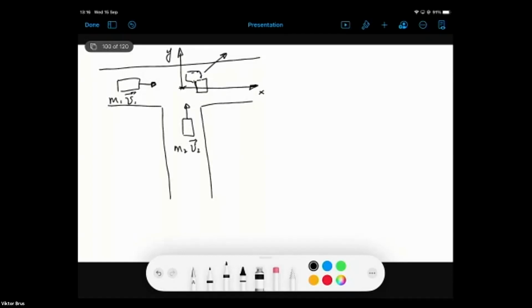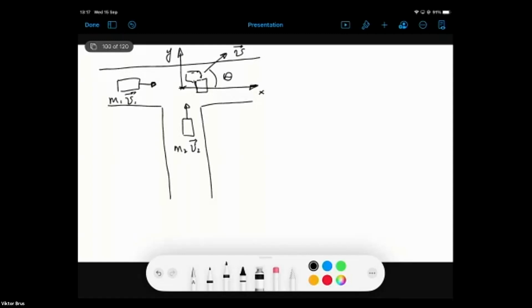They will move at some angle, let's call it theta, with velocity vector v. So let us see how we can describe this perfectly inelastic collision in two-dimensional space.